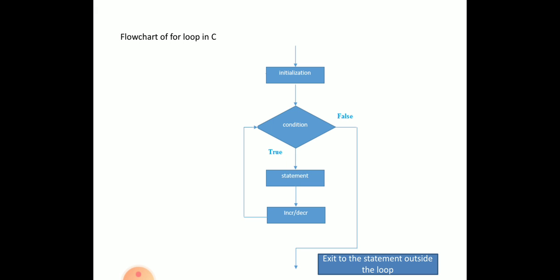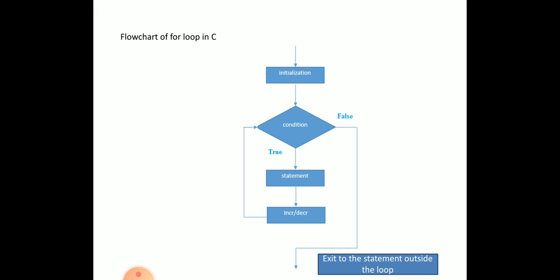Depending upon the program, we may give an increment or decrement value for the control variable. The control variable is incremented or decremented, and then again it checks for the condition. If the condition is true, the statement given in the loop will be executed again. The control variable will be incremented or decremented as given in the incremental part of the for statement.